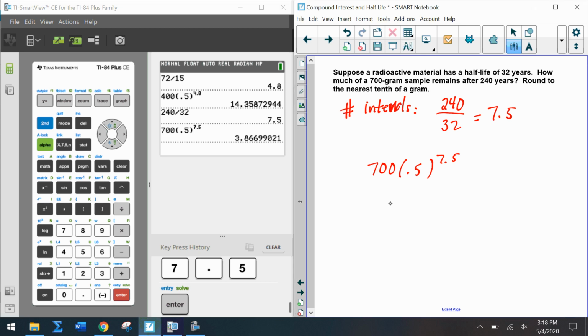And we have 3.86, so to the nearest tenth of a gram, 3.9 grams remaining. Notice for a half-life, the multiplier is always 0.5, just to keep that in mind. Now you're going to practice some of these problems for homework.